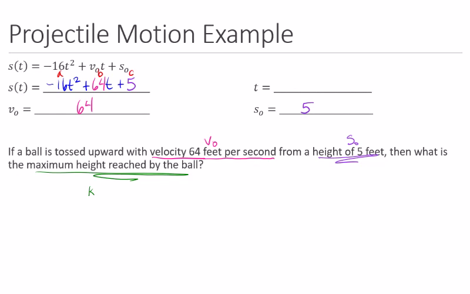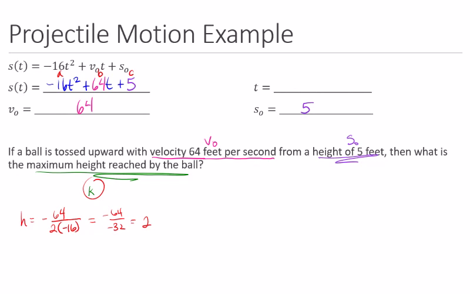If I'm trying to find k, I first need to find h, right? h equals negative b, so b is 64, over 2 times a, which is negative 16. So it turns out to be negative 64 divided by negative 32, which equals 2.